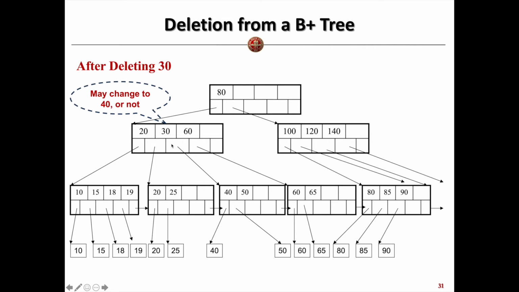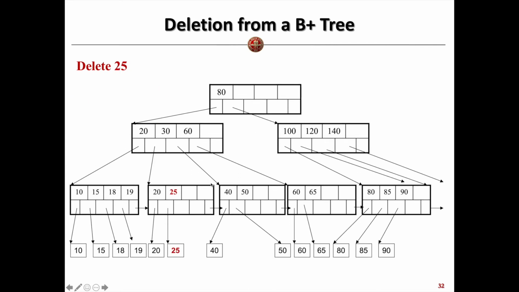If a key is larger than 30, we can go to the right-hand branch. If it is smaller than 30, we can just go to the left-hand branch. If we change this one to 40, it doesn't matter. We'll still just follow the same comparison here. Therefore, this B plus deletion algorithm provides us with some flexibility. Either change this 30 here to 40 or not, it doesn't matter.